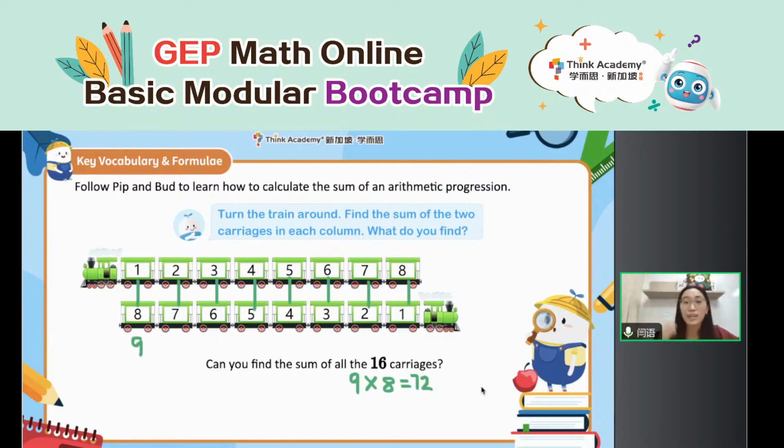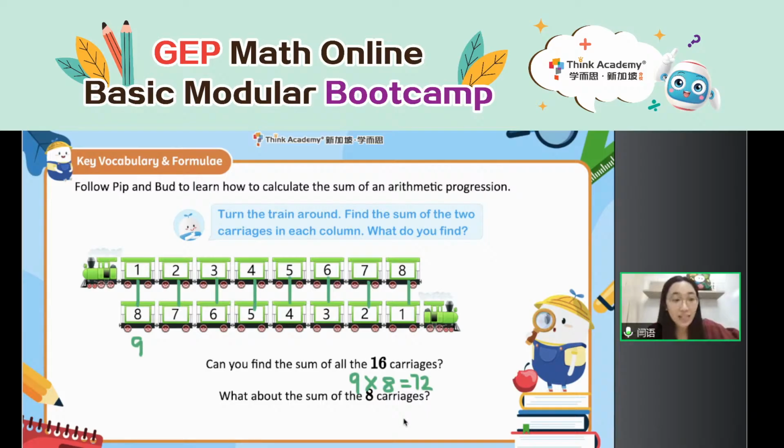You don't need to do 1 plus 2 plus 3 plus 4 plus 5 plus 6 plus 7 plus 8, then plus 8 plus 7 plus 6 plus 5 plus 4 plus 3 plus 2 plus 1, right? That is too slow. And then following this, if 2 trains get 72, then what about the sum of 8 carriages only?